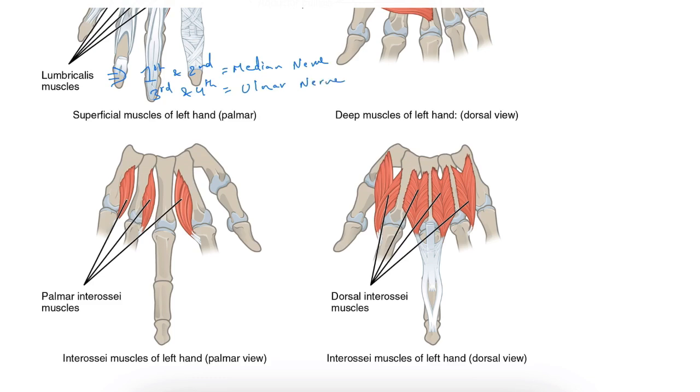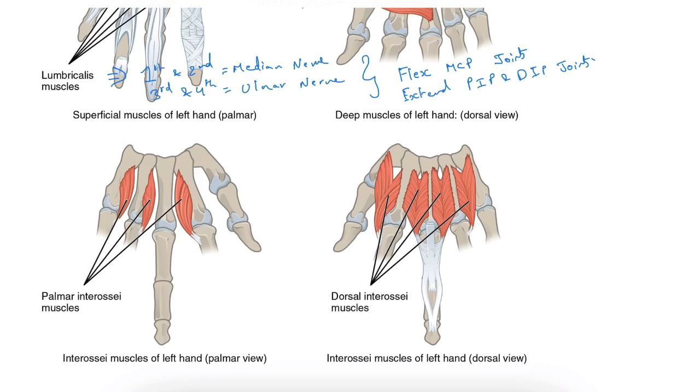What is the main function of these muscles? First, they help with flexion of the metacarpophalangeal joints, and they help with extension of the proximal interphalangeal and distal interphalangeal joints. This is the main function of the lumbricals.